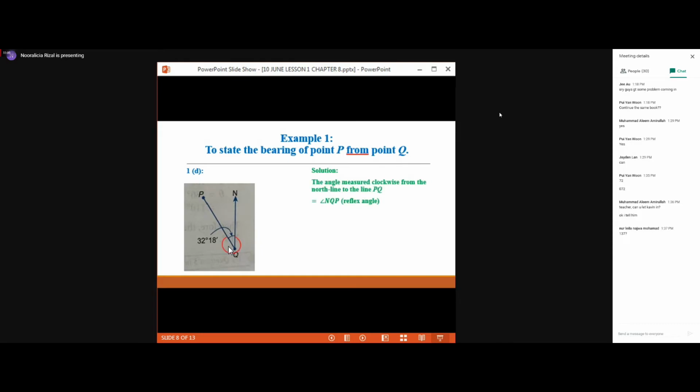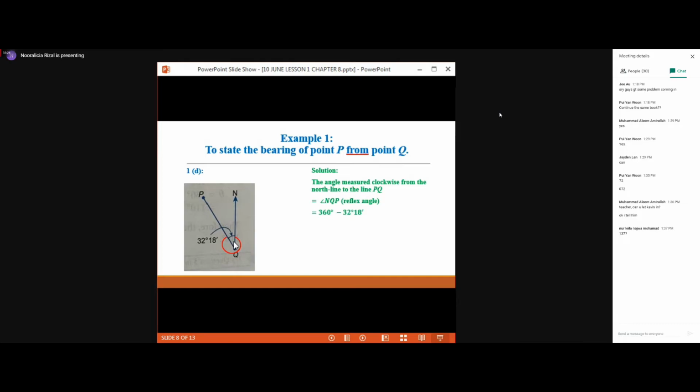So it's this one here, in the orange color. This is the bearing of P from Q. So we want to find out how much this is. Which concept can we apply? We can apply the full circle concept, which is your 360 degree. So you take 360 minus your 32 degree 18 minutes.